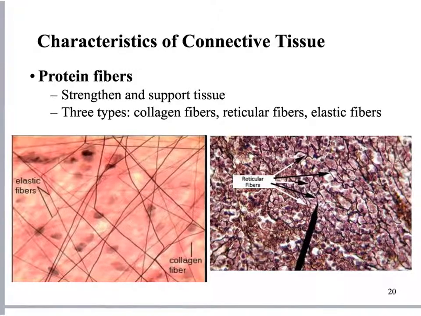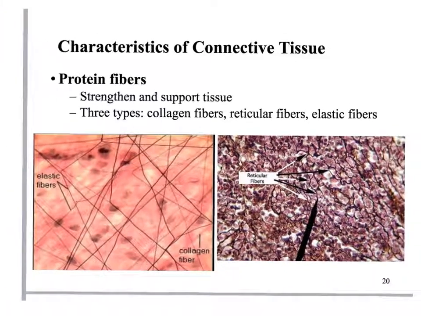All right, characteristics of connective tissue. Protein fibers. Okay, protein fibers, a couple different types. You have thick fibers, thin fibers, and then these net-like fibers. All right, the thick pink that you see in the left panel, over here, you may see a fiber.